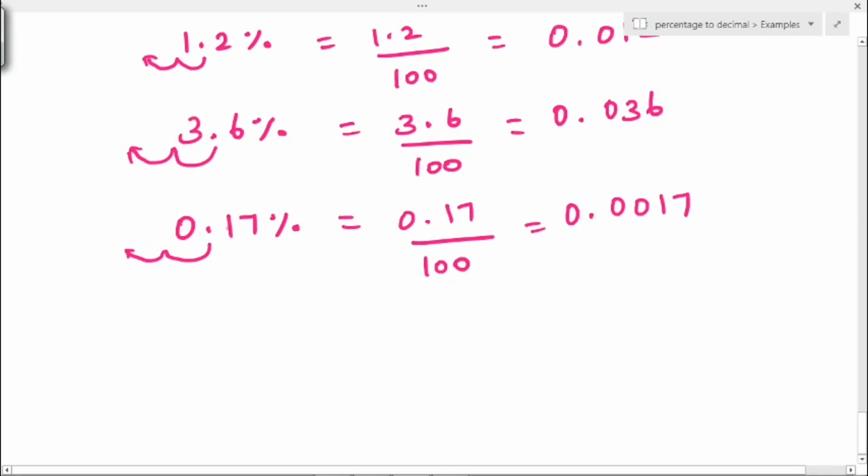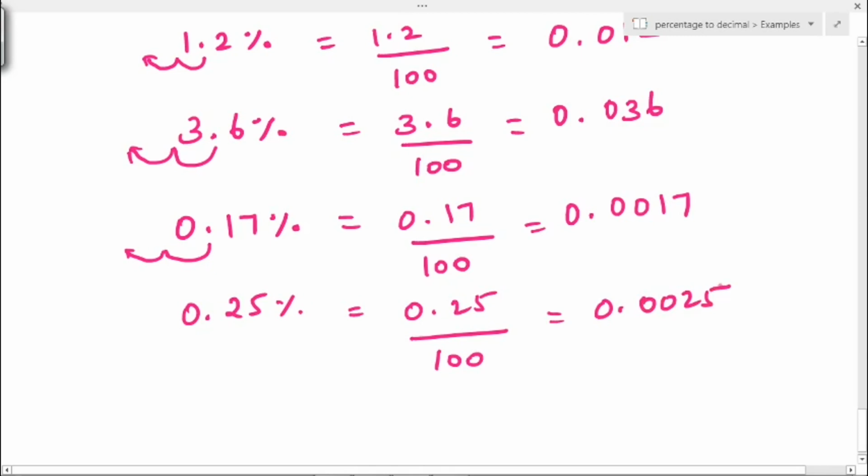Already we have 0, and 1 and 7. So the answer is 0.0017. Suppose we have 0.25 percent. Again this is nothing but 0.25 divided by 100. So the answer is 0.0025.